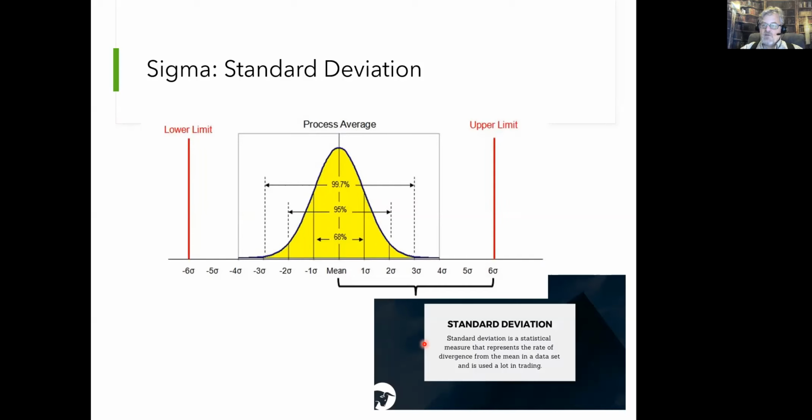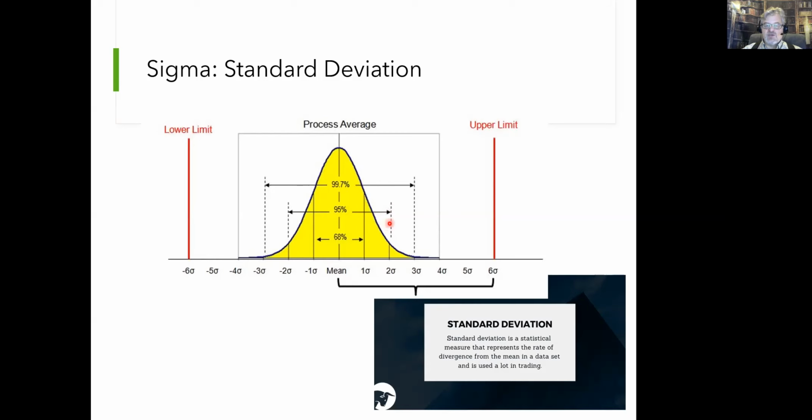So standard deviation, and I'm not going to get into the formula for it because it's not important, is calculated based on the number of deviations from the mean, where the center point is, the process average, and the total number of deviations you have. And so typically one standard deviation is just down the slope of your standard curve, right?